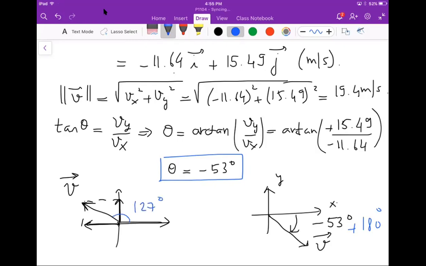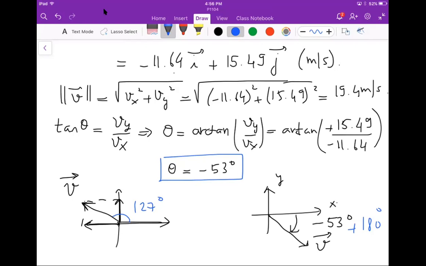Okay, so in other words, because tangent theta and tangent of pi plus theta give the same value, it could be that this angle is correct, or you have to add to it pi or subtract pi from it to get the correct direction of V.